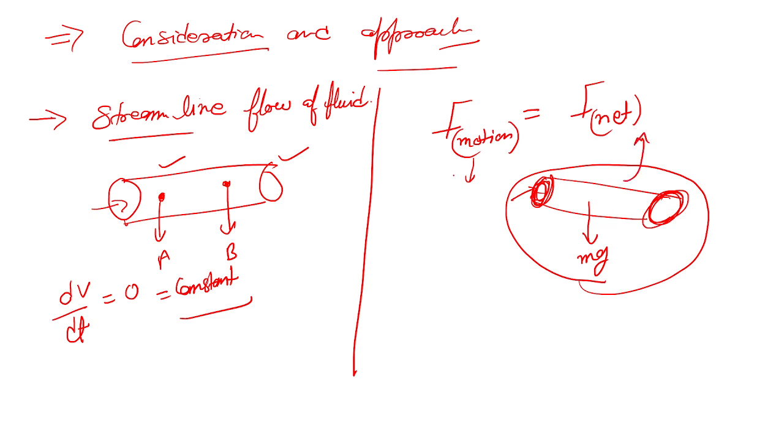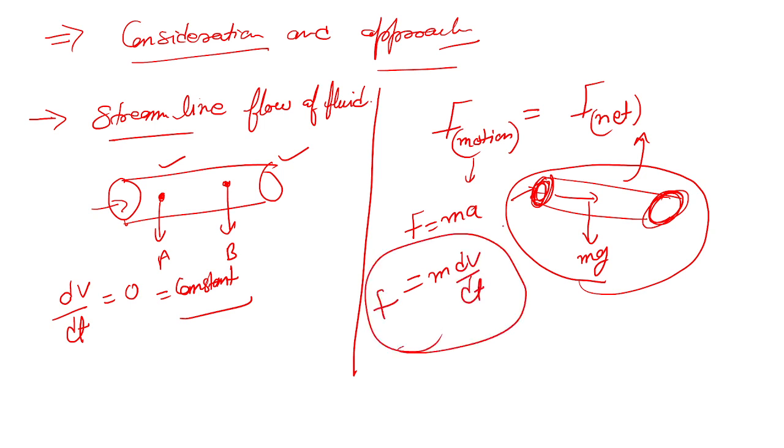And what about the motion force? The motion force is because of the velocity of the fluid when it is passing through that pipe. We know from Newton's second law of motion that F equals ma, where acceleration is the rate of change of velocity. So this is your force because of motion.